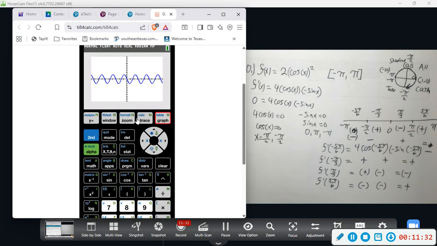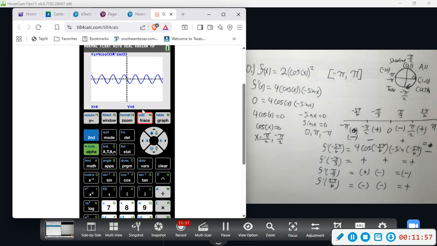So I'm going to do second trace. Nope, I don't want to do that. I'm going to go back to graph and I'm going to hit trace. Just hit trace. Trace will allow you to input a value. So I'm going to put in negative 5 pi over 6. I should get a negative value down here.